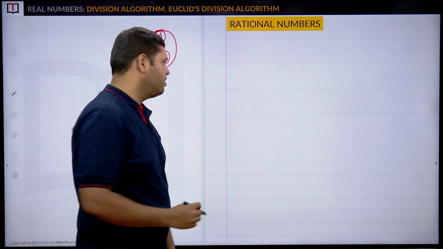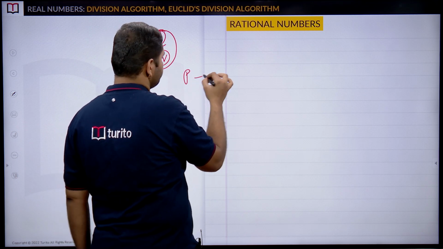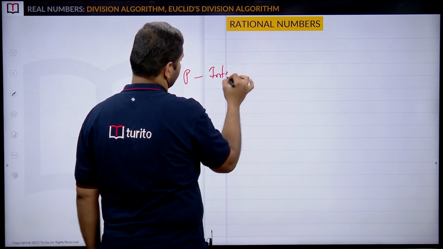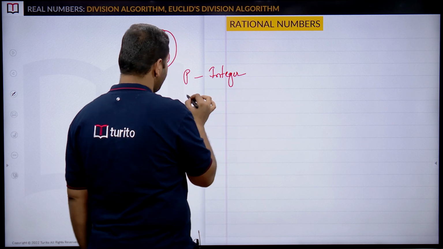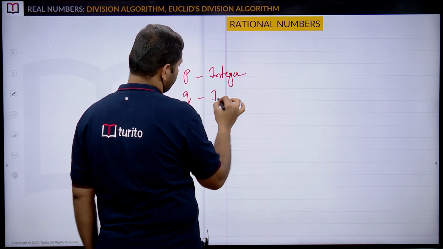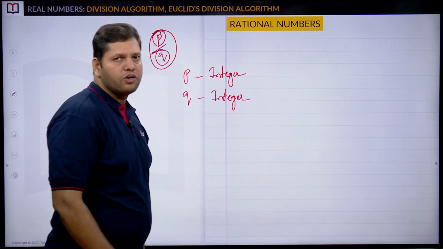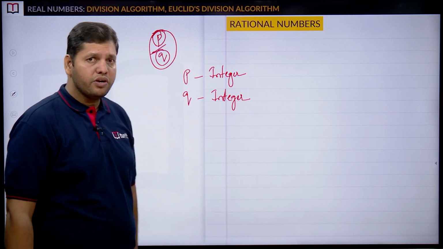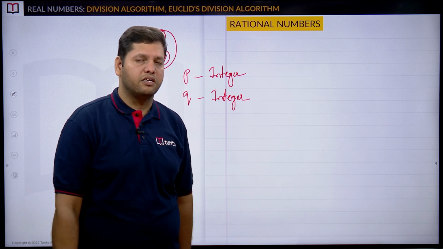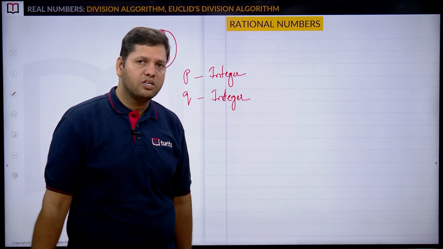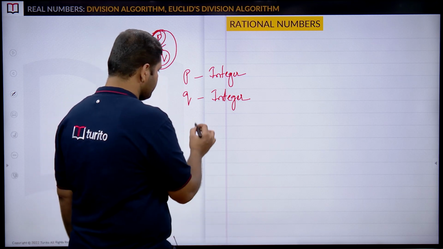Yes, we have. P, children, is always an integer, and Q is also always an integer. So both are integers only. But the thing is, this Q cannot be 0.